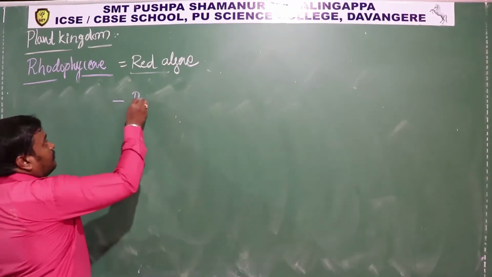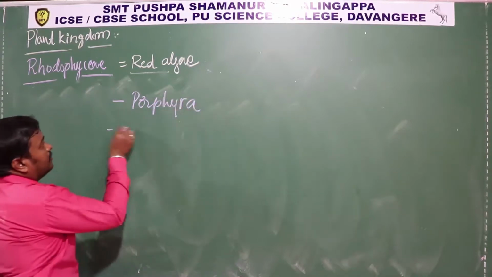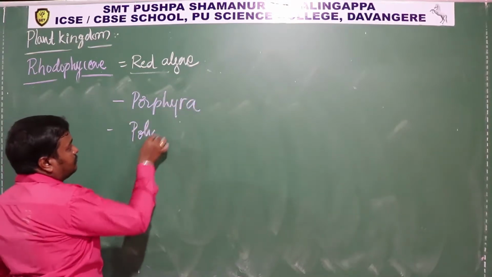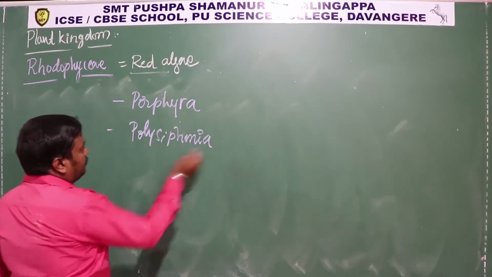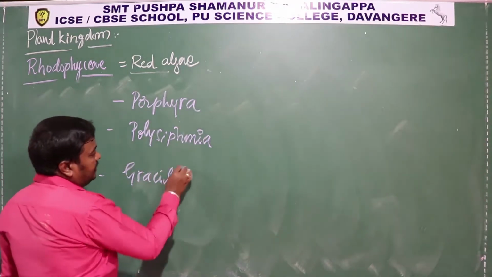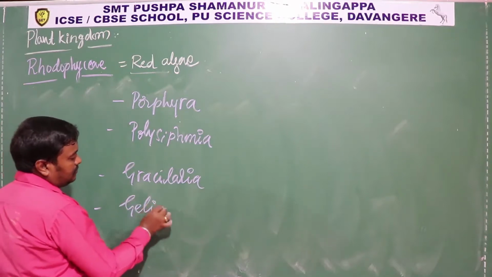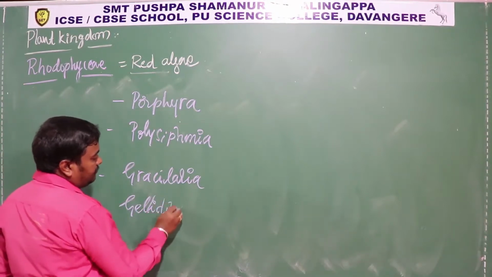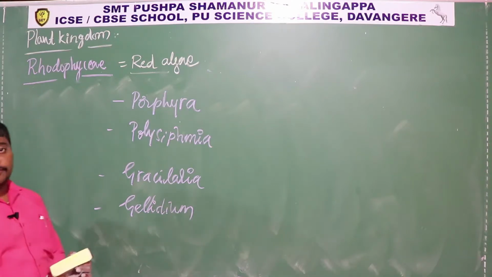One is Porphyra, Polysiphonia, Gracilaria, Gelidium. So these are 4 examples for rhodophyceae members.